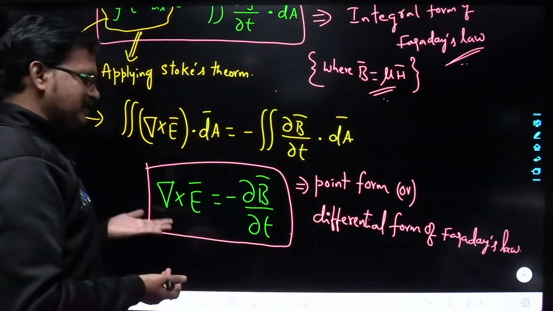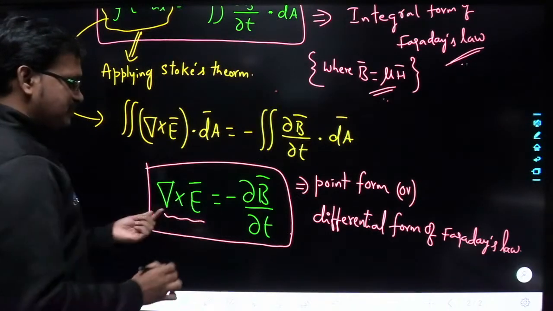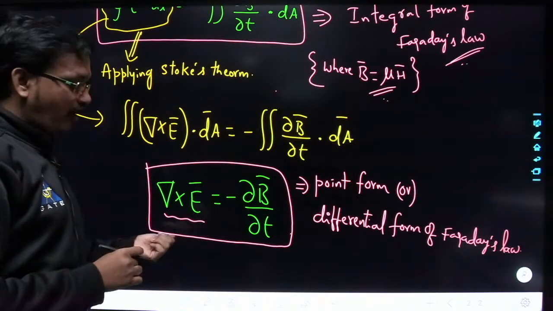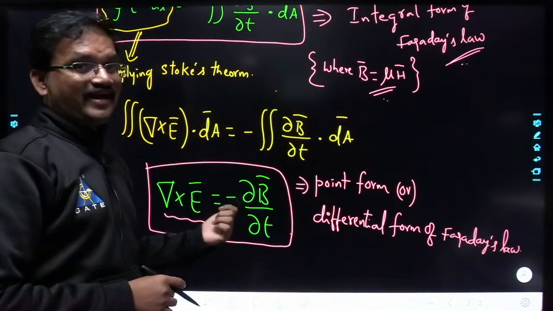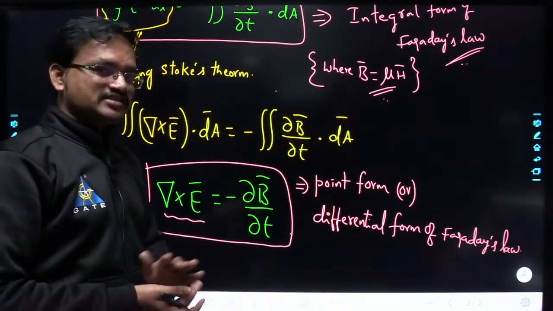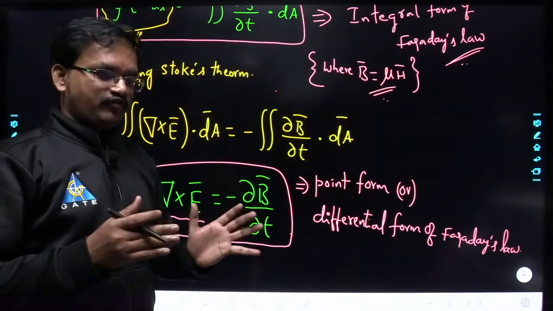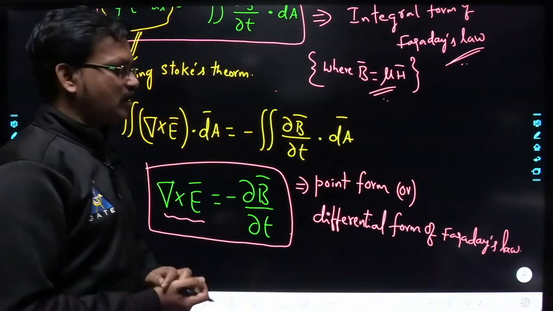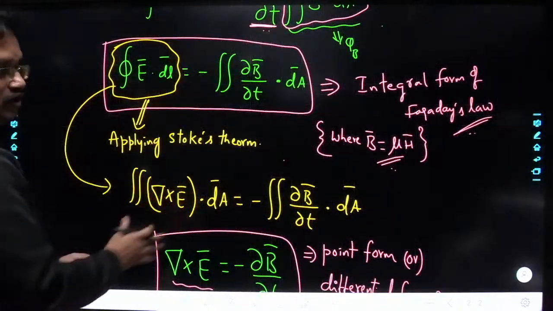Here I can tell curl of E bar represents the circulation of electric field about a given point, which is equivalent to the time rate of change of magnetic field at that point. I can tell it as a statement, but you don't get that intuitive feeling, right? So it is very difficult to visualize this point form or differential form. Rather, we got this form from the integral form only.